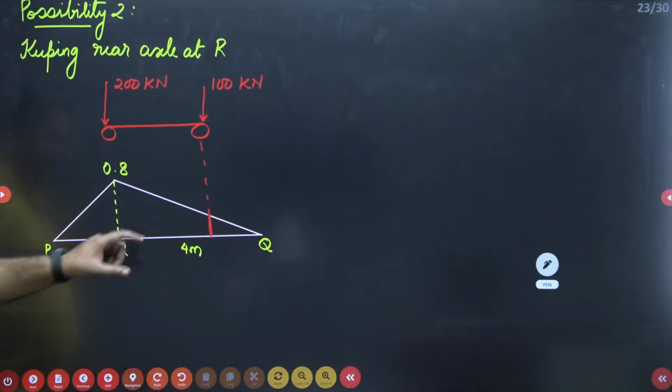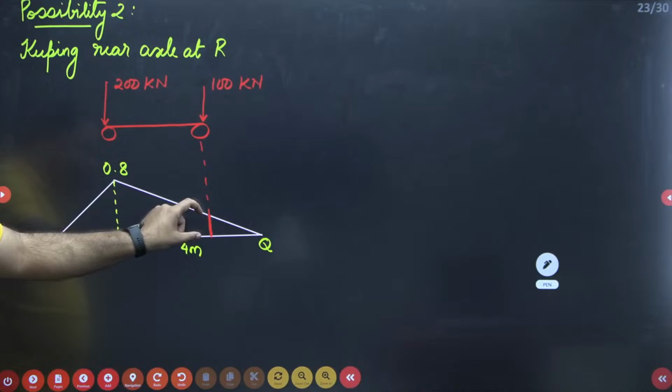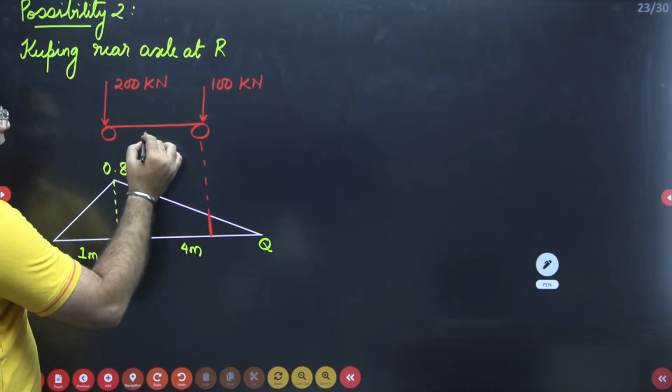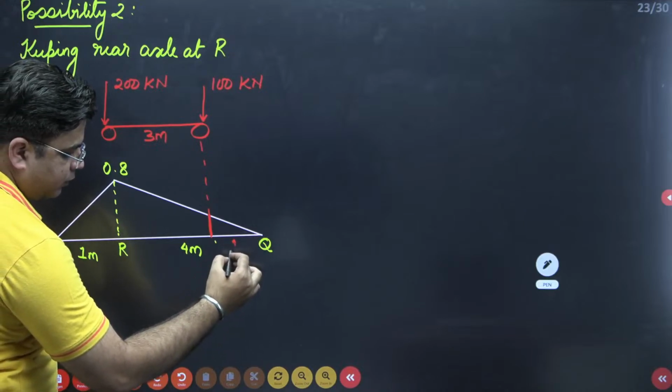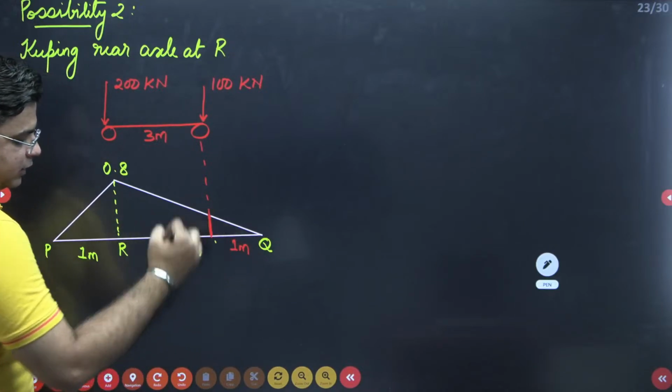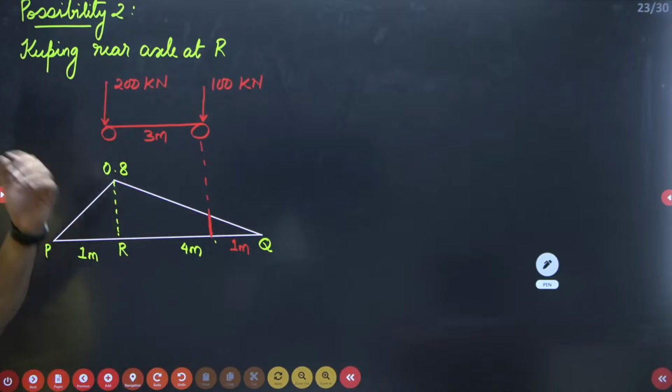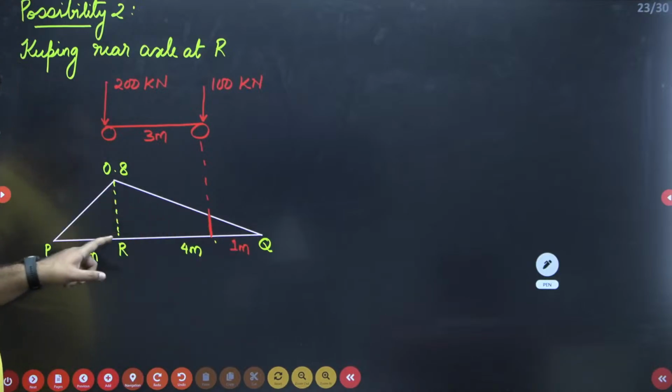For that, we need to identify the ordinate of ILD at this point. So this is 3 meters. So this total is 4. So this will be 1 meter. So we need to determine this ordinate. For determining this ordinate, we can go with the similar triangles, right?